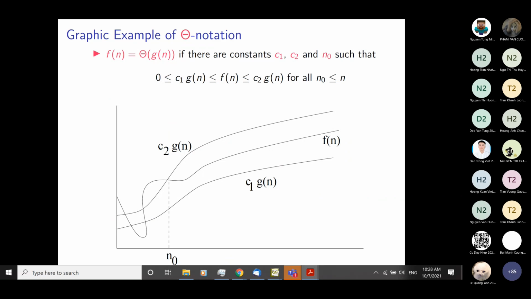So theta means that we have a bounding function where the function that we try to bound is sandwiched between C2 g(n), the upper bound, and C1 g(n), the lower bound. For any value of n greater than n0, the function f(n) is not larger than this, and it's not smaller than this one.